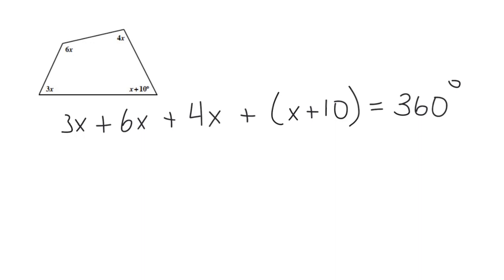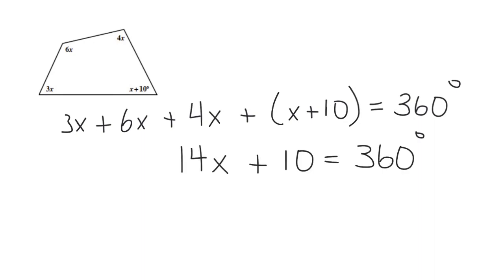Our next step is to collect like terms. On the left-hand side, I see multiple terms that have the variable x, so I'm going to put those together. 3x plus 6x plus 4x plus 1x is equal to 14x, and then I've recopied the rest: plus 10 equals 360.